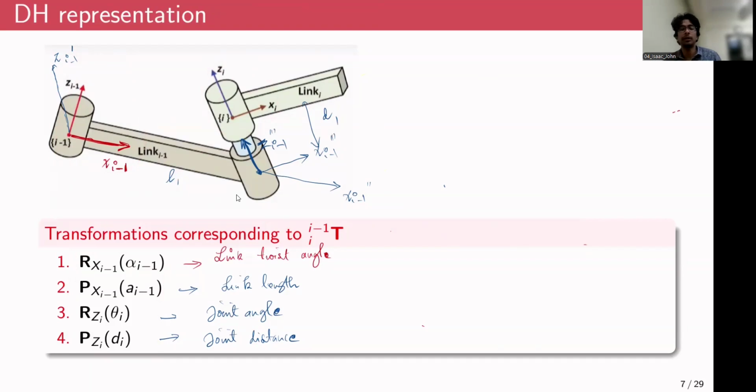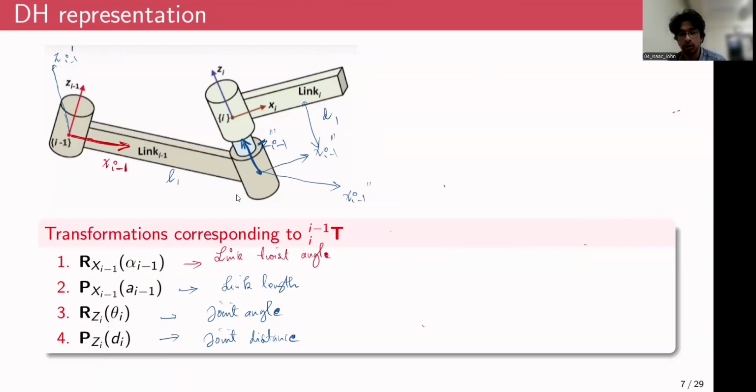So to communicate information between any two frames, we have to follow these 4 transformations. The first one is a pure rotation about xi minus 1. The second one is a pure translation about xi minus 1. The third one is a pure rotation about zi.